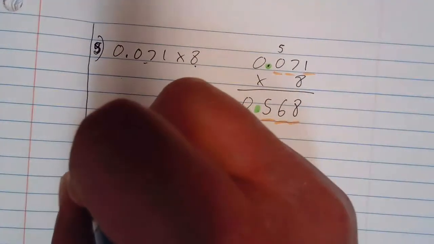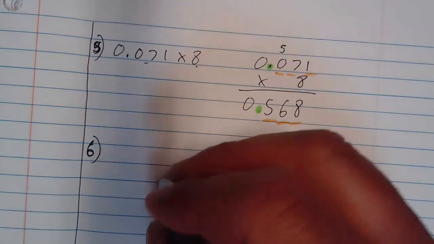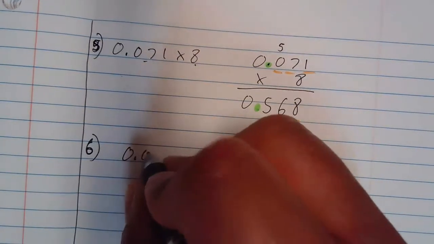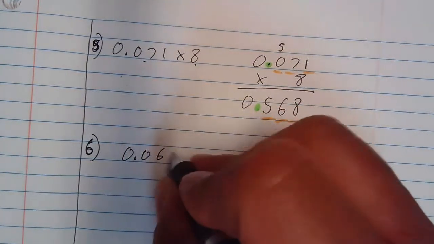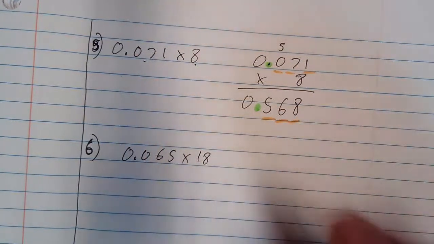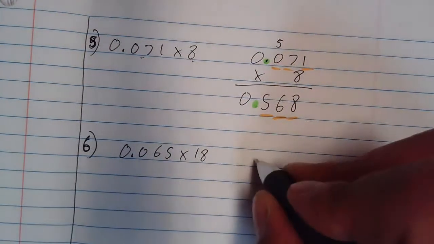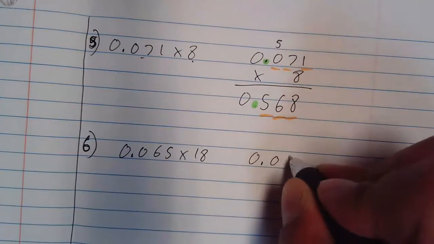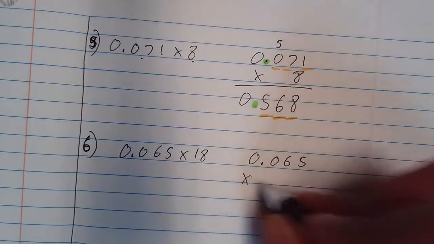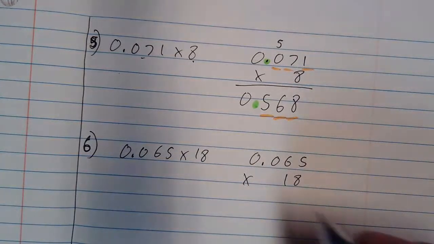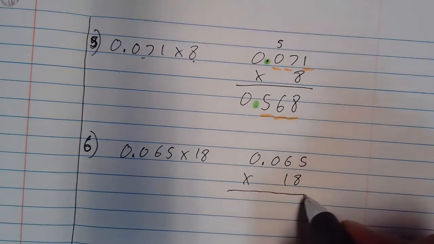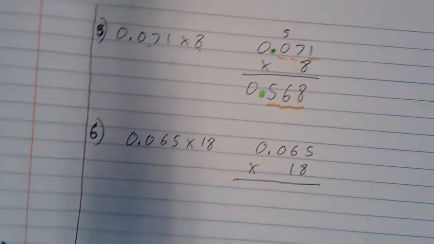Number 6. 0.065 times 18. Now, I can see where some of you might have problems with this one.